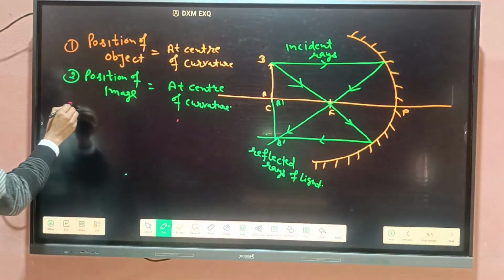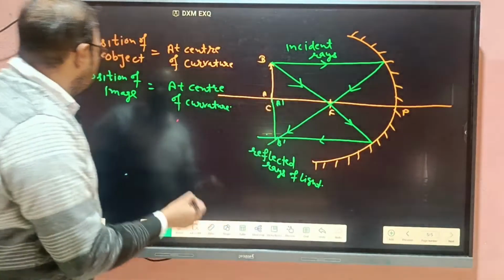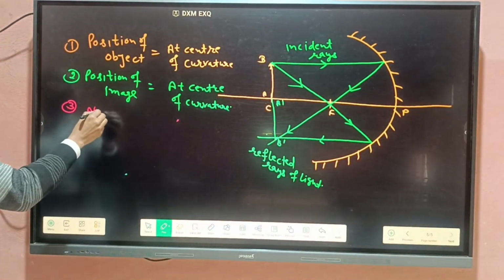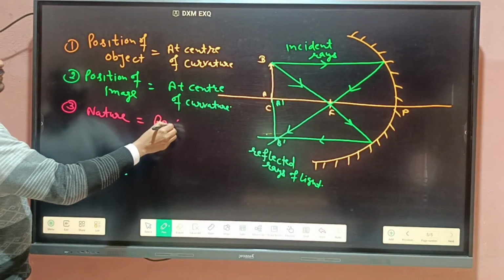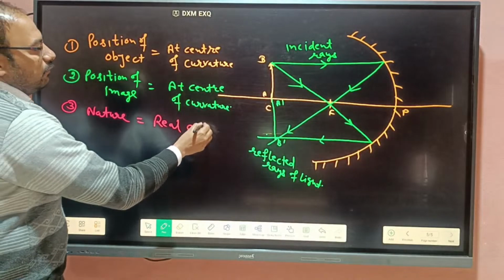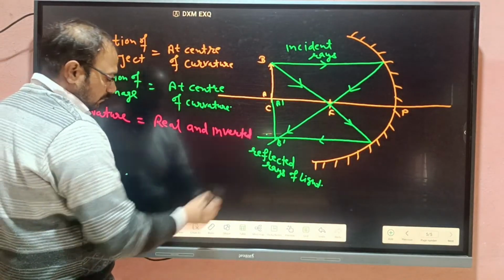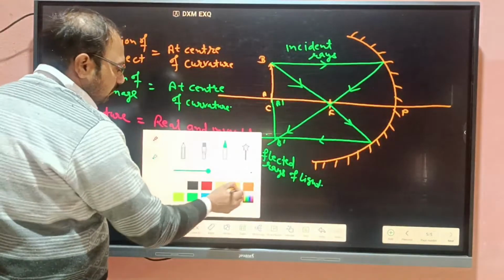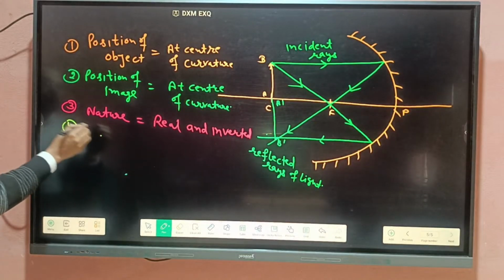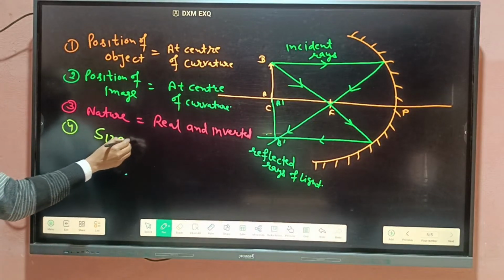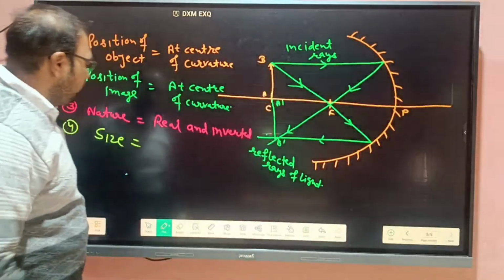Next, what is the nature of the image? The nature is real and inverted. And last, what is the size? The size of the object and the size of the image are the same.